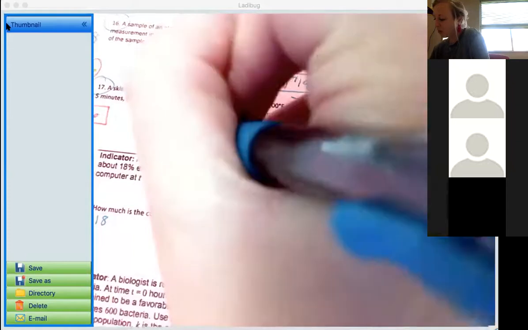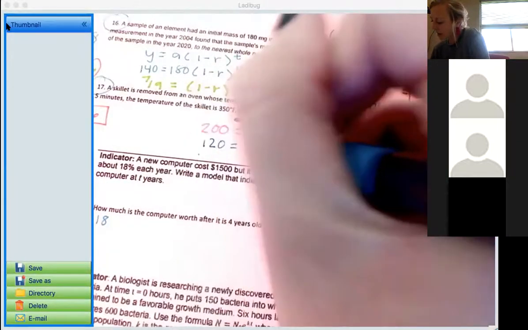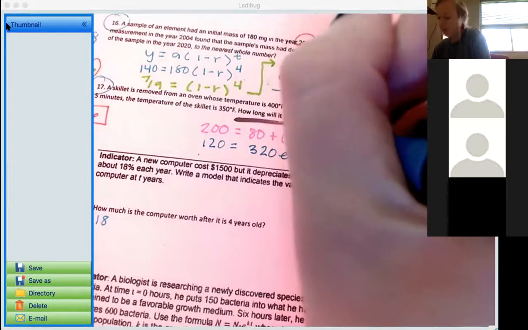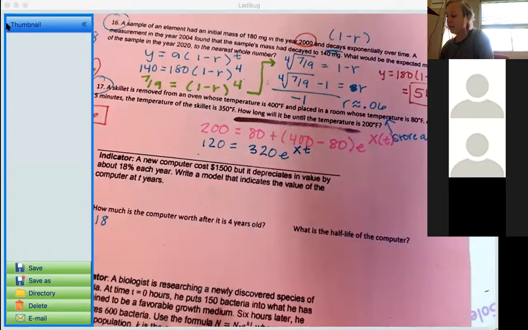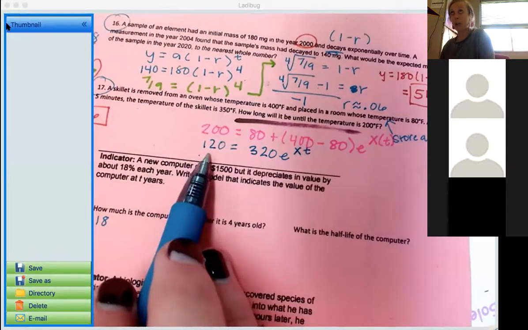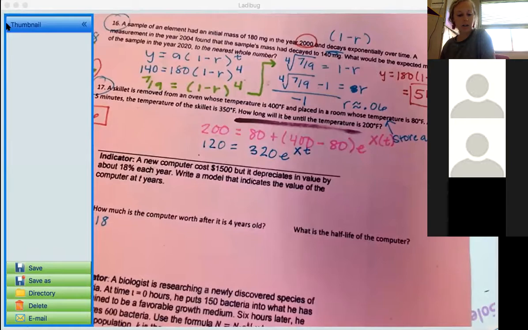So this would be 120 equals 320 e to the xt. Remember, your x is just your rate that you stored. I just don't feel like writing natural log of whatever it was over 5. So then we'll divide by 320. So that would be 120 over 320, which is 3/8. Is that right? Somebody check me.